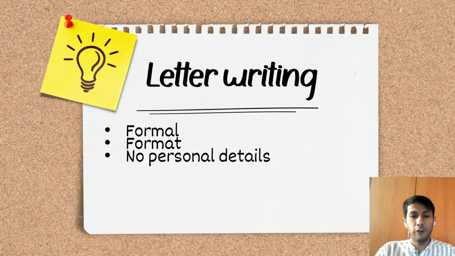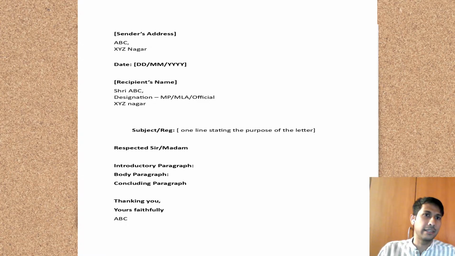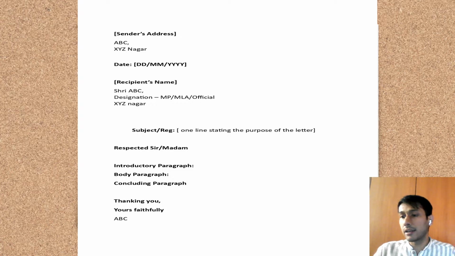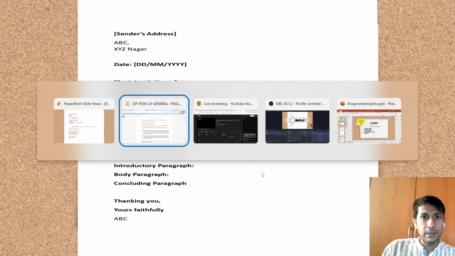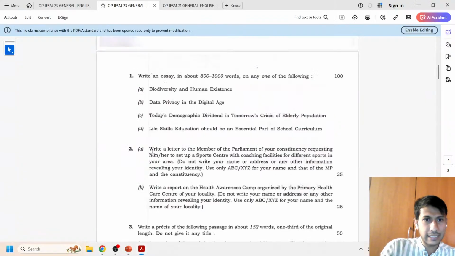So this is the standard format. Let's see the format. You can note it down simultaneously. First you start with the sender's address. For example, we'll take this: write a letter to the MP of your constituency requesting him or her to set up a sports center with coaching facilities.